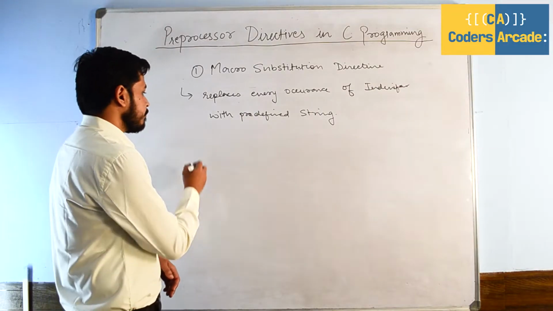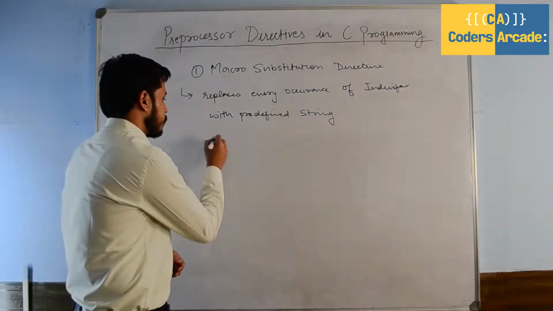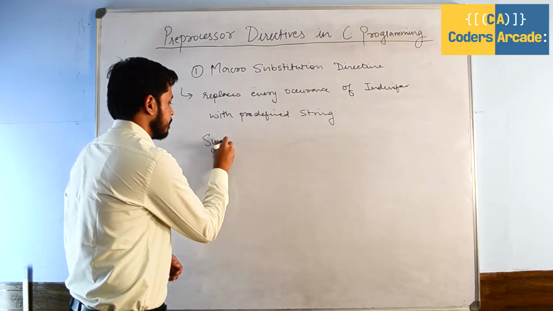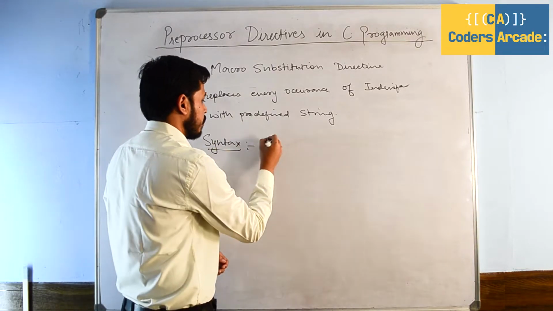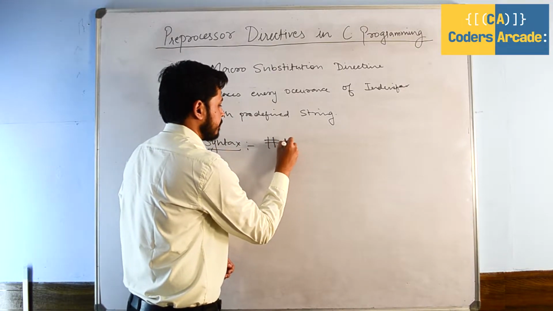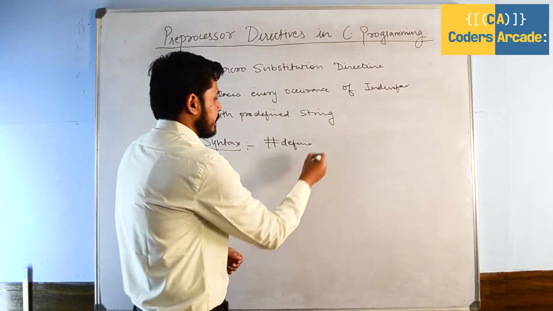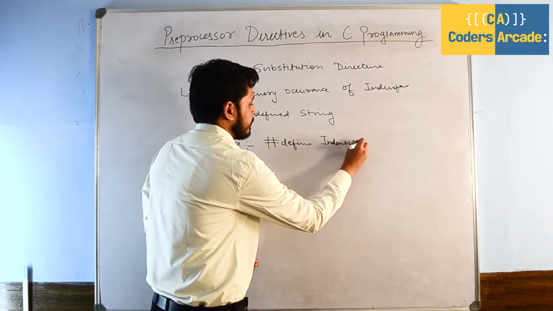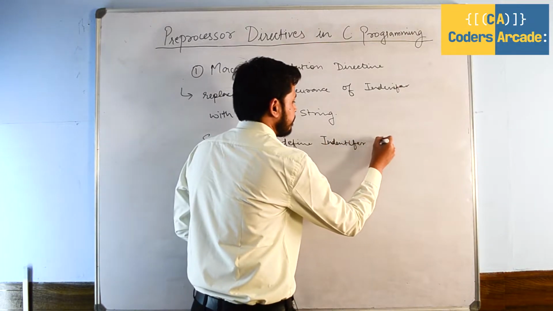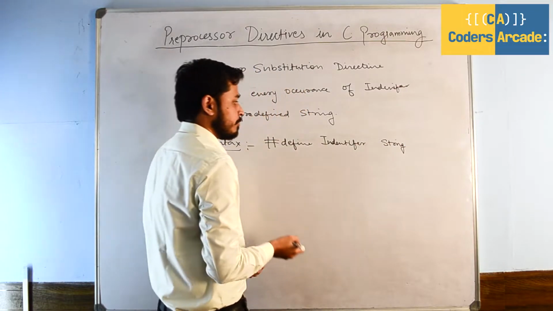So let me tell you. I'll explain with the syntax. The syntax here is hash define. To define a macro, we use hash define, then the identifier, and then the string, or the predefined string.